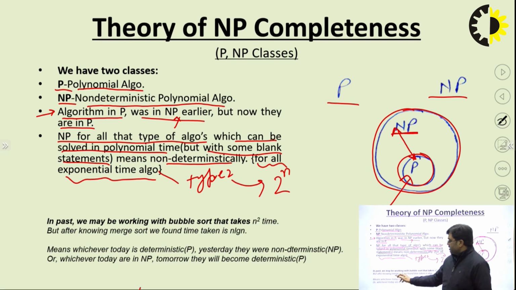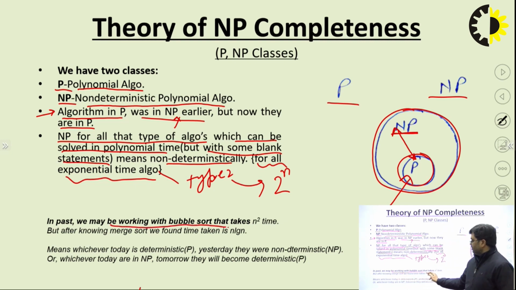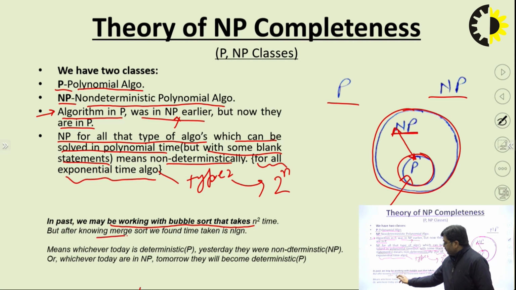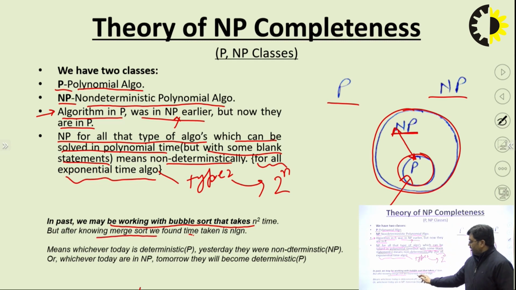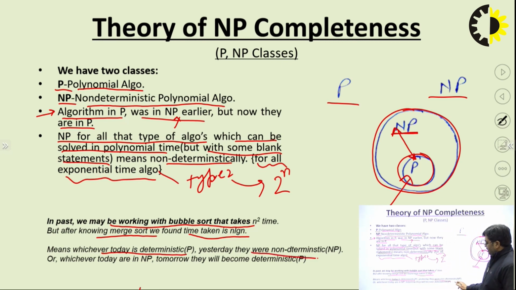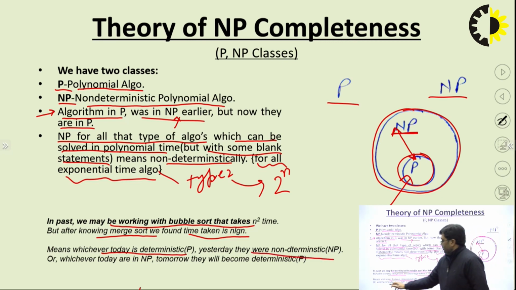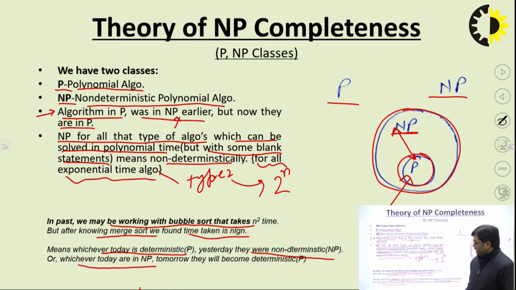In the past we may have worked with bubble sort, which takes n square time, but after knowing merge sort we found that the time is n log n for sorting an array. So whichever is deterministic today was non-deterministic yesterday, and whichever is in NP today, tomorrow will become deterministic.